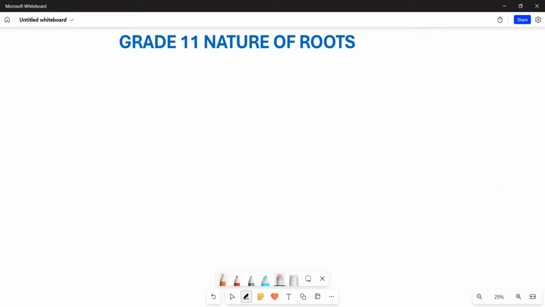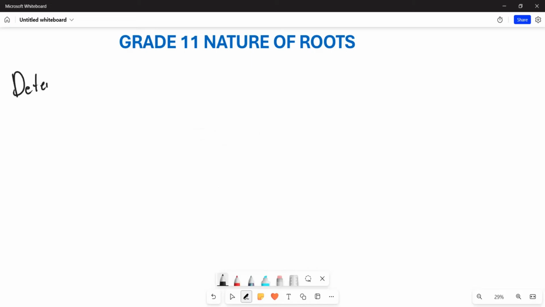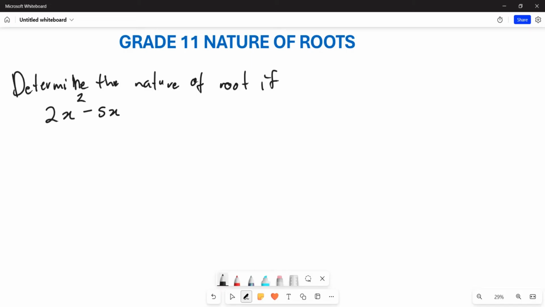Say you are given this question: determine the nature of roots. Let's say they give you the equation 2x squared subtract 5x plus 9 is equal to 0.